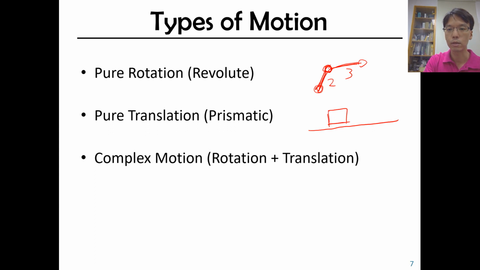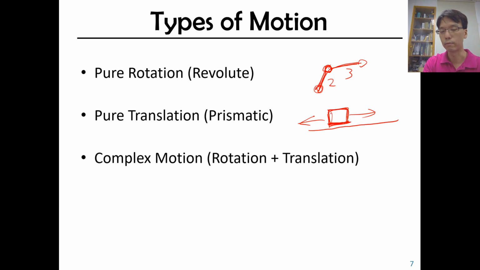Assume there's a slider sliding along this line. The slider, because it's like a block, cannot rotate. So it can only slide.